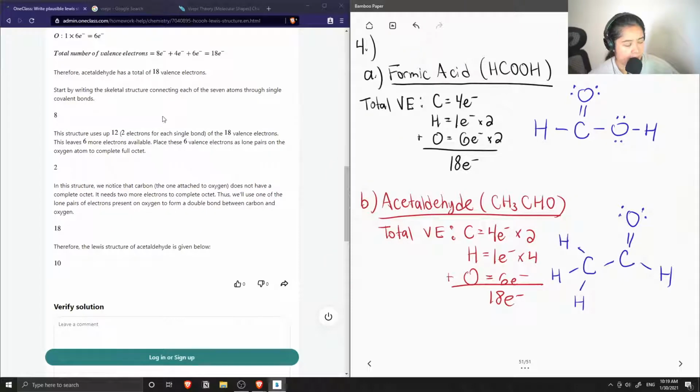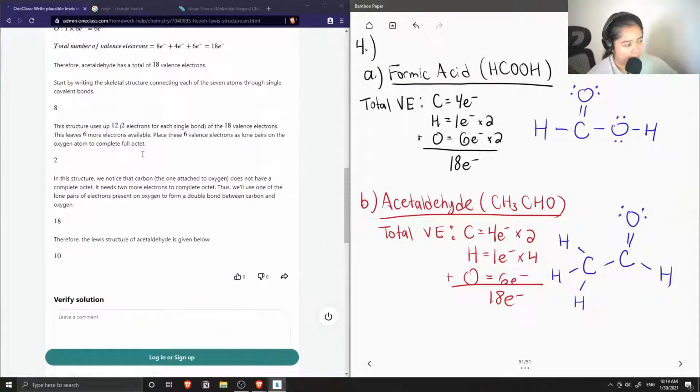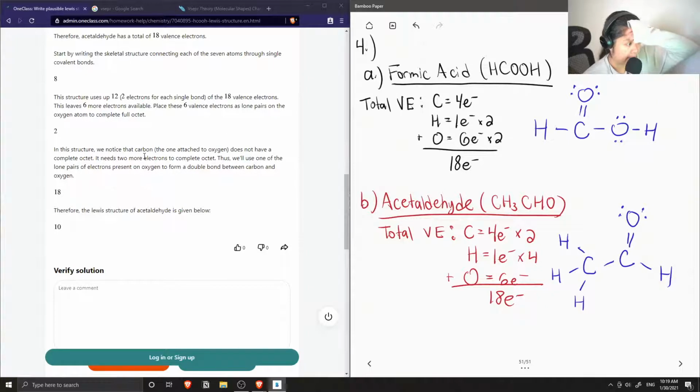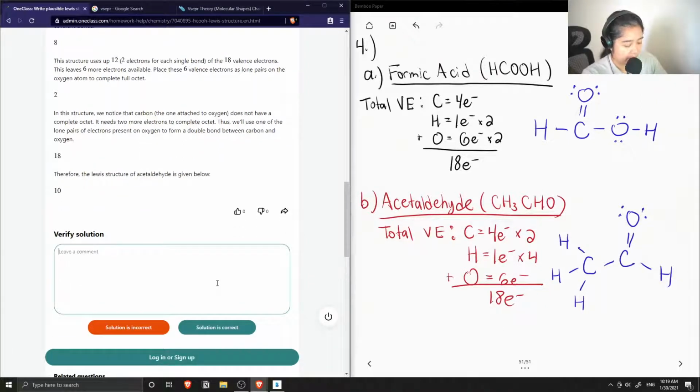The skeletal structure doesn't seem to be showing up, but they still explained correctly what the answer should be. So I'm just going to say this solution is correct. And then in brackets, there may be some issue in loading the final answer.